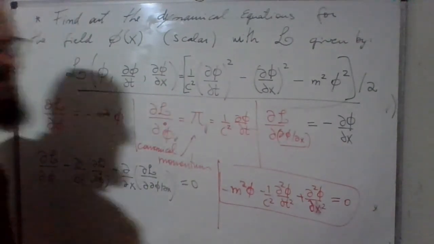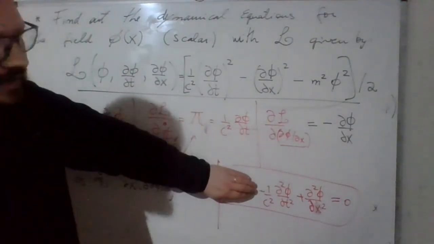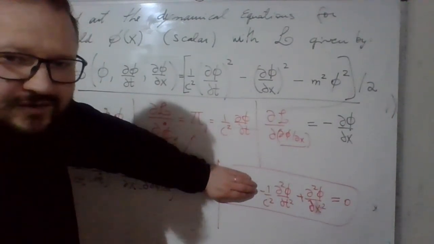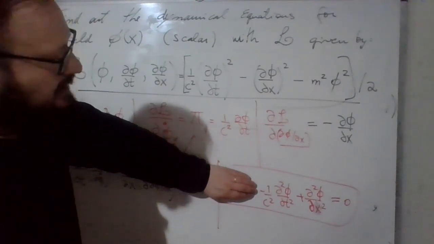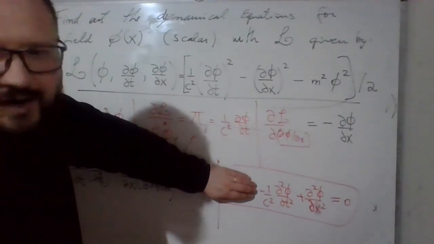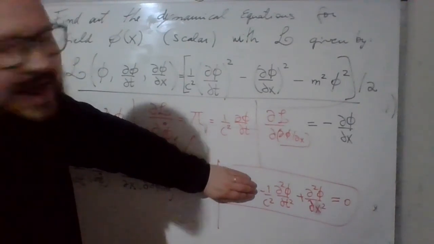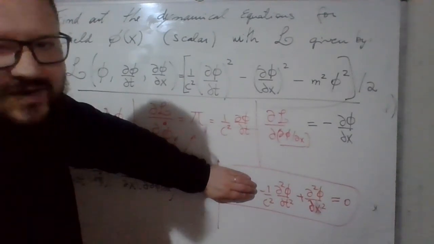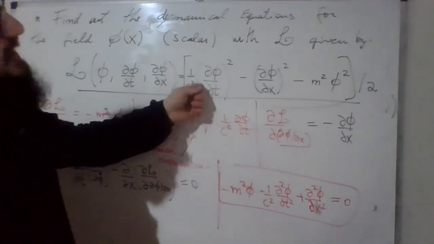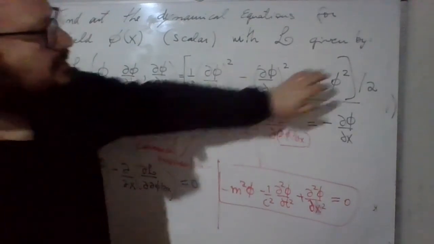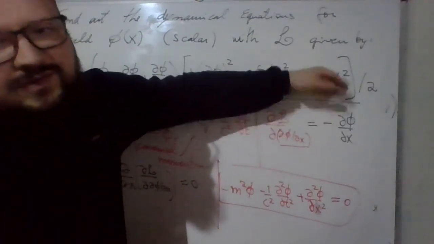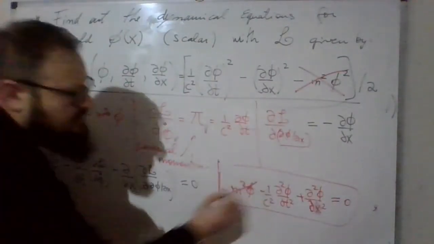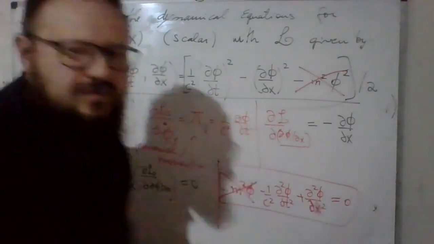Okay. If m equals 0, this is just a wave equation in one dimension. So if you are trying to find out what is a Lagrangian density for a scalar field satisfying a wave equation, it corresponds to just these two factors here. It's a massless field. This term disappears.